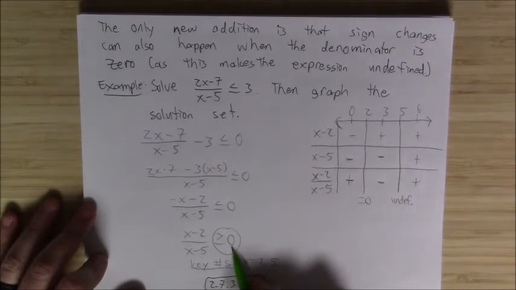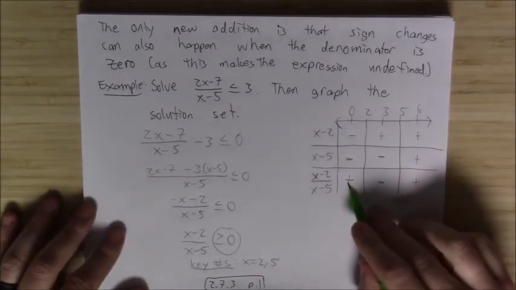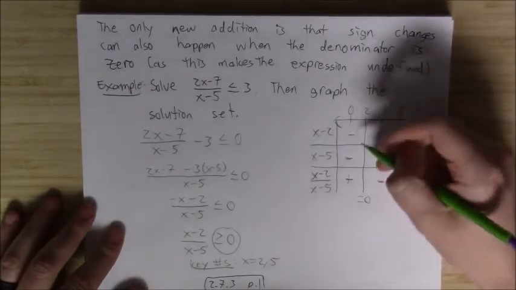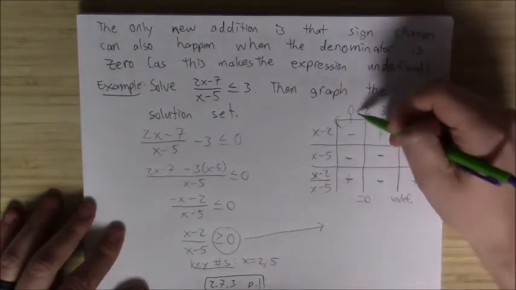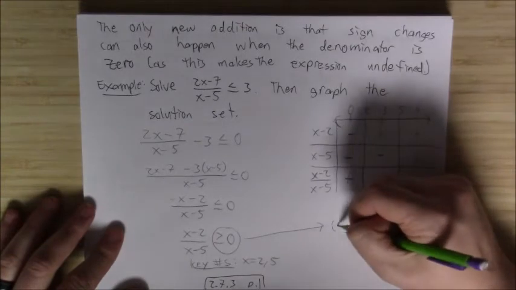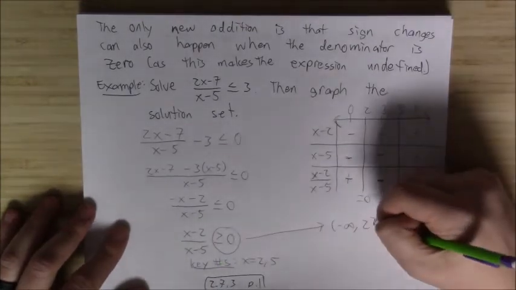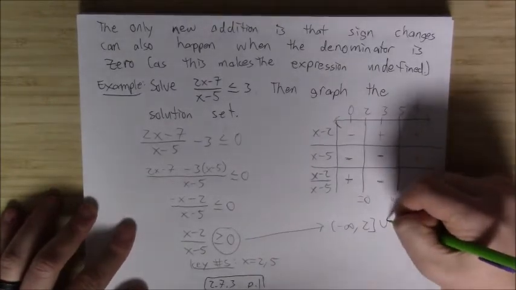And then we have to figure out what we were looking for here. We want this less than or equal to 0, which means we like that interval and we like this interval and we like it equal to 0. In other words, what we have is the interval from negative infinity all the way up to 2, and we include it because we can have it equal to 0. Union.